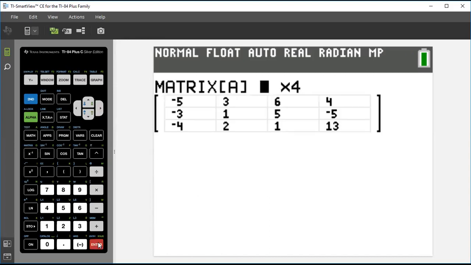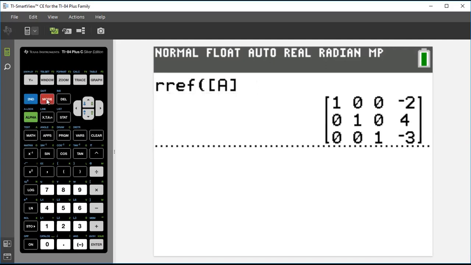And you are going to type all the coefficients into your matrix. Remember that in the instance that something is missing, you would include a 0 in that respective position. Once everything is typed, I'm going to quit back to my home screen.